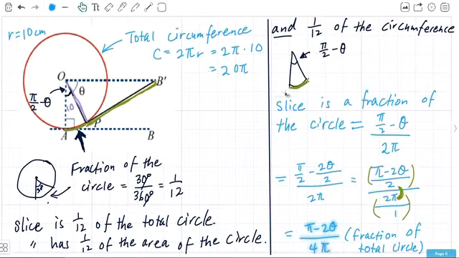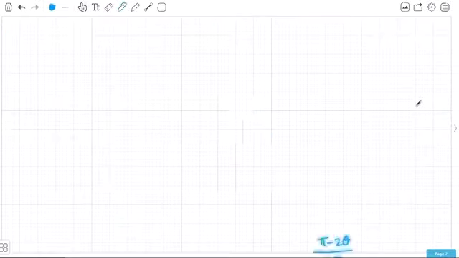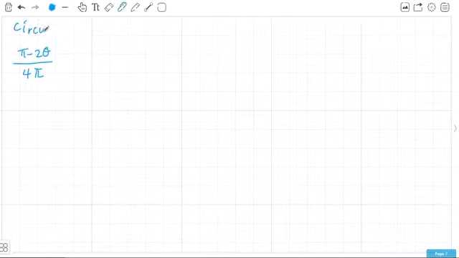We know that the total circumference is 20 pi. Actually, while I'm here, it's a good idea to put a box around that. Okay, so this is the circumference of the slice. I should say actually this is often called a segment.